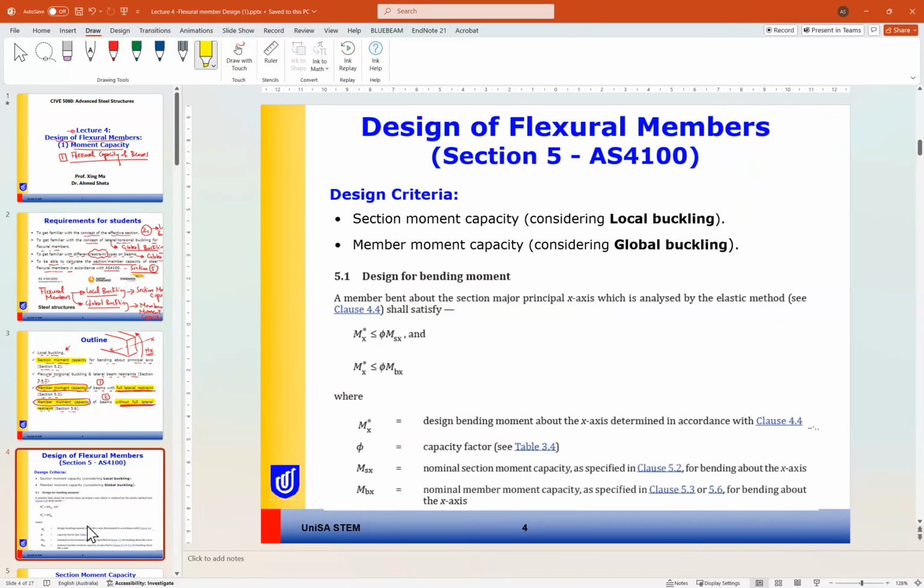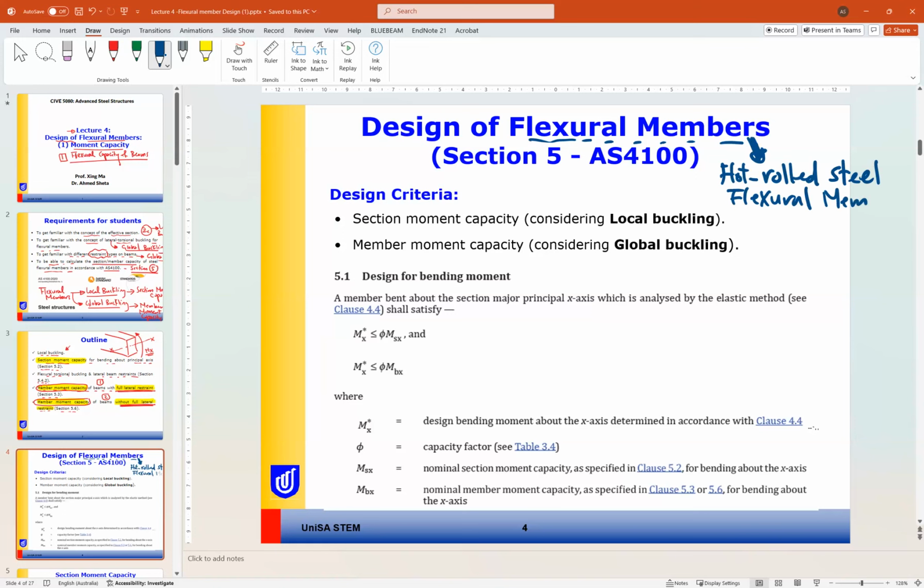So let's have a look at the standards and the requirements of the standard. For the flexure member design, again, just a reminder that we are designing hot rolled steel flexure members.